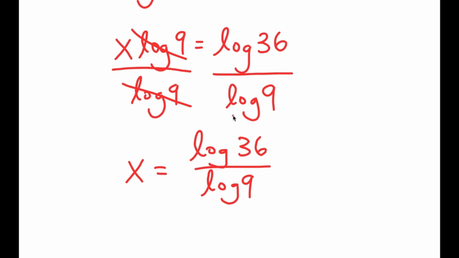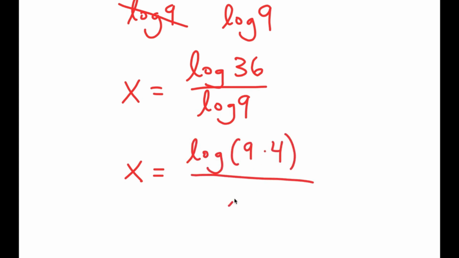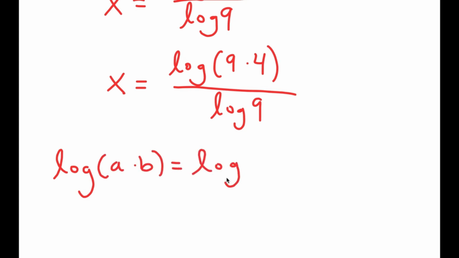So now I'm going to rewrite log of 36 as log of 9 times 4, because I just want to simplify log 36. And now I can use the property that states that if I have something in the form log a times b, this is equal to log a plus log b.